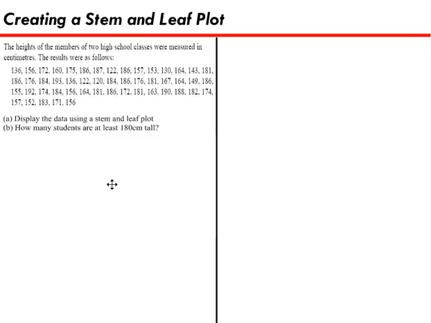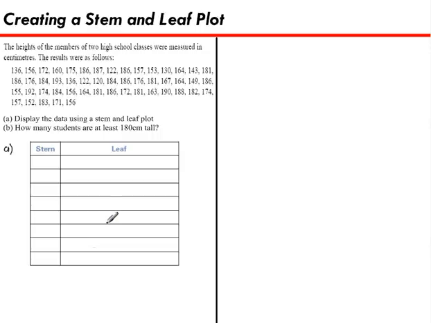Okay, so let's start by tackling A, where we actually set up our stem and leaf plot. In some ways, the stem and leaf plot is pretty similar to a frequency table. And if you haven't seen how to make a frequency table, check out an earlier clip for that and it'll help you out. But we're going to start out by making a little table that looks like this. We've got one column called stem and one column called leaf.